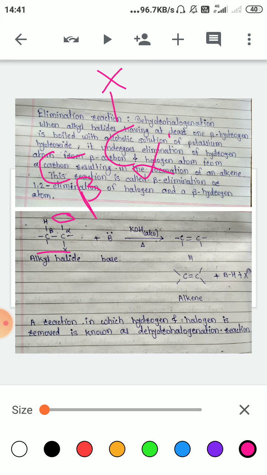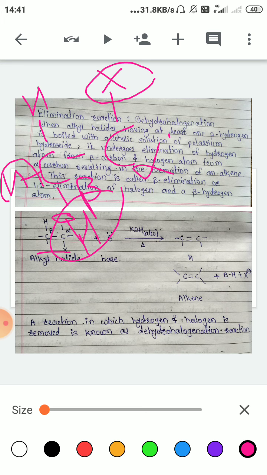If the beta carbon contains hydrogen, then in the presence of a base, due to the electronegativity of the halogen atom, these protons become acidic because of the polar character of the carbon-halogen bond. There is a development of partial positive charge on the carbon atom, which pulls the electrons from the adjacent carbon atom towards itself.